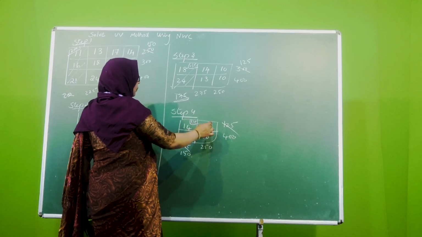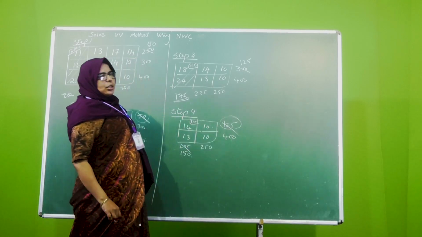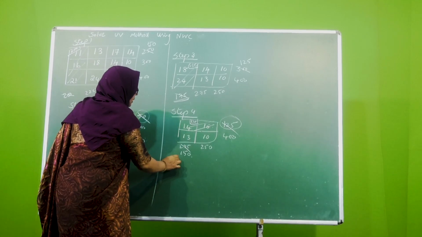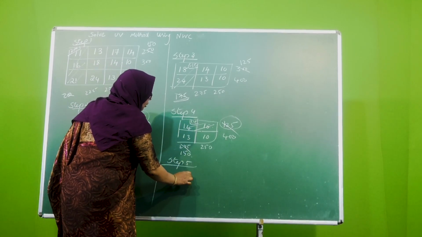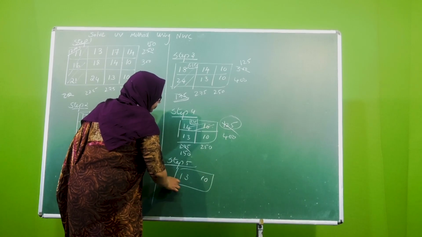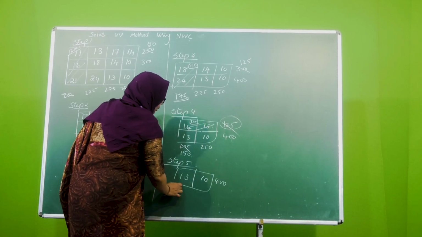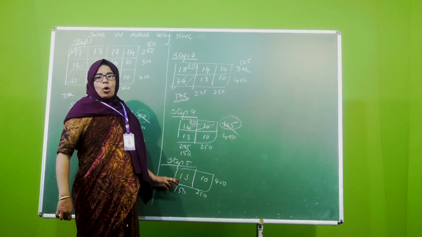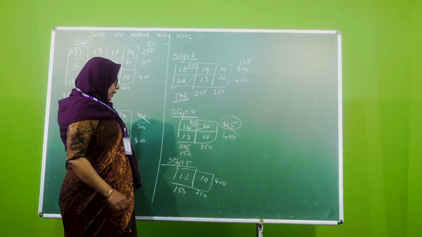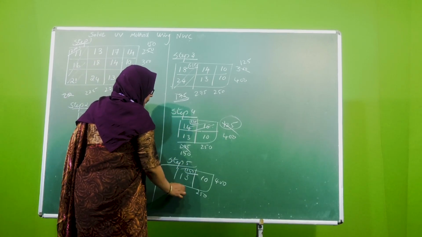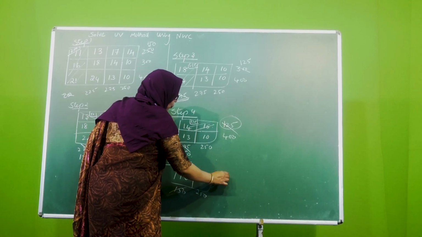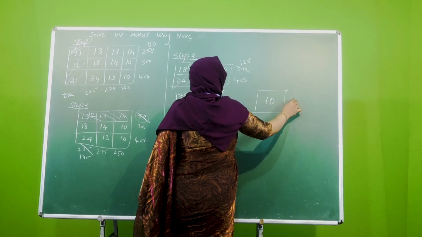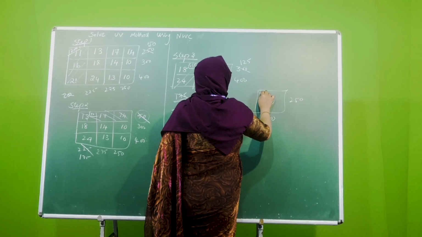The vanished element is 125, so the first row is vanished. Next, step 5. The elements are 13, 10 with 400, 150, 250. 13 is the Northwest element, so we allocate 150. Then 400 minus 150 is 250. The final answer is 10, 250 and 250.